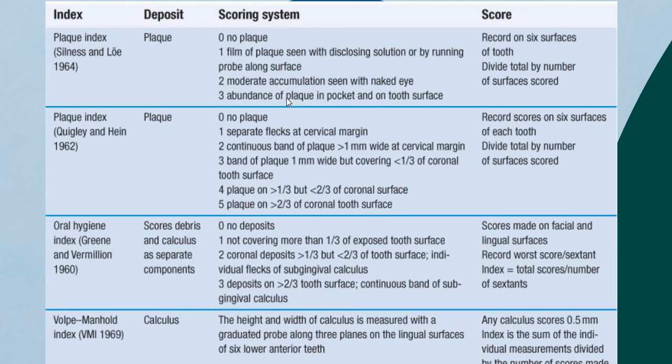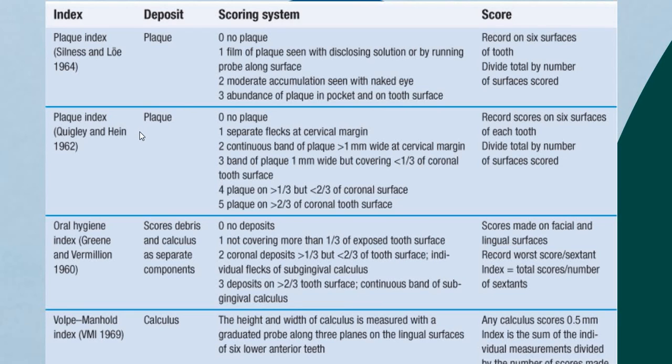Score 3, abundance of plaque in the pocket and on the tooth surface is present. We score all 6 surfaces of each tooth. For example, if you examine 6 teeth, 6 multiplied by 6 surfaces gives 36. The measurements are added and then divided by 6, the number of teeth examined.